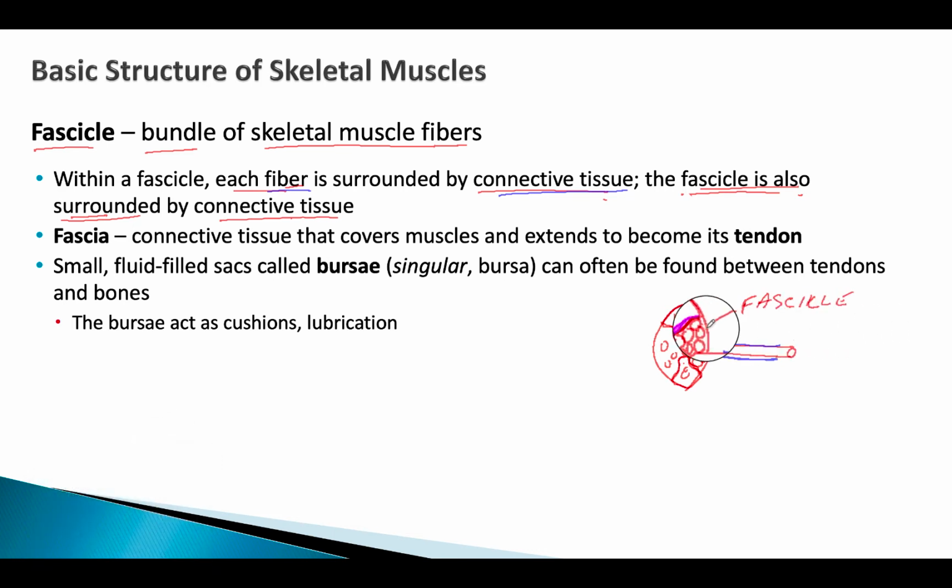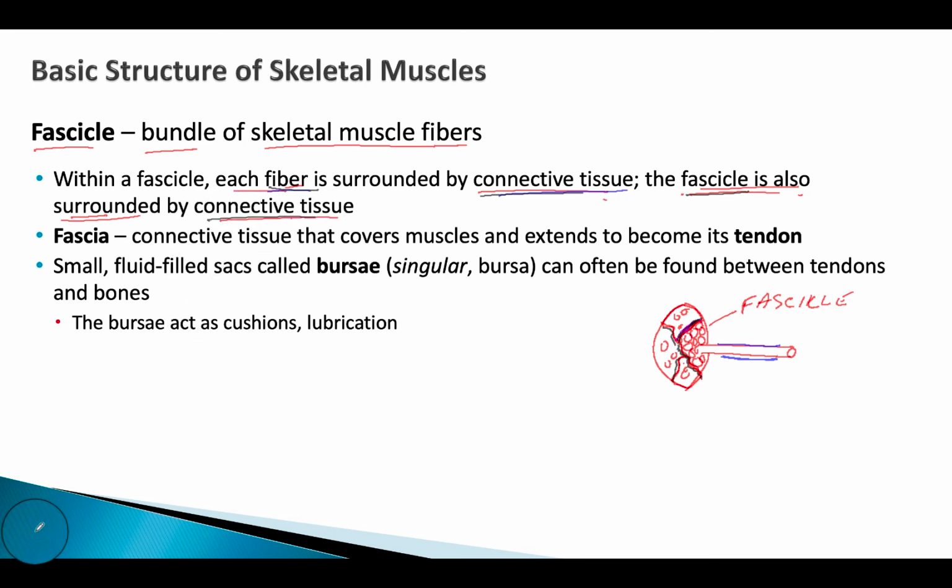Okay, there we go. So this is now your connective tissue that is surrounding this fascicle. And then another one here, and so on and so forth. You guys get the idea. So now you have a connective tissue surrounding this fascicle, and a connective tissue surrounding this muscle fiber. So that is each fiber being surrounded by connective tissue and the fascicle being surrounded by a connective tissue as well.